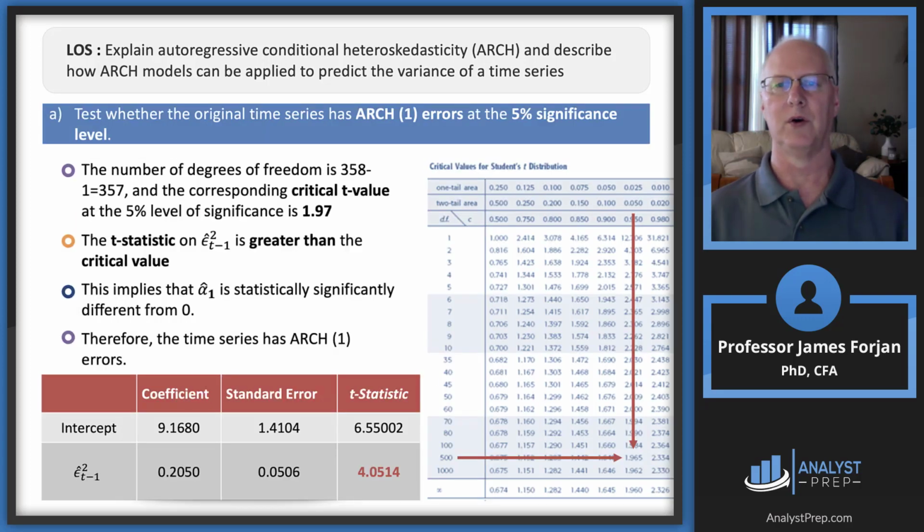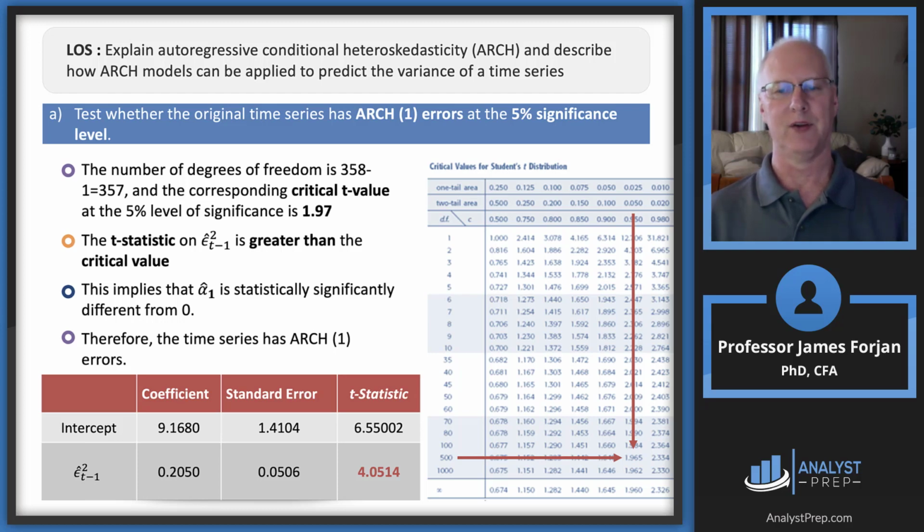So this one here is just t minus 1, so 5%, so that critical value, oh my gosh, there it is, somewhere around 2, so it turns out to be 1.97, and what happens? It's 4.04. So this implies that the alpha hat is statistically significantly different from 0, and the time series has an ARCH(1) error.